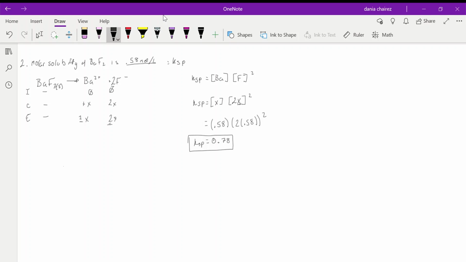So then you plug that in, squared times 0.58. Just double checking my work here, guys. But yeah, so 2 times 0.58 squared gives you the Ksp of 0.78. So yes, this isn't too bad. It really is just kind of knowing the ratios of things.